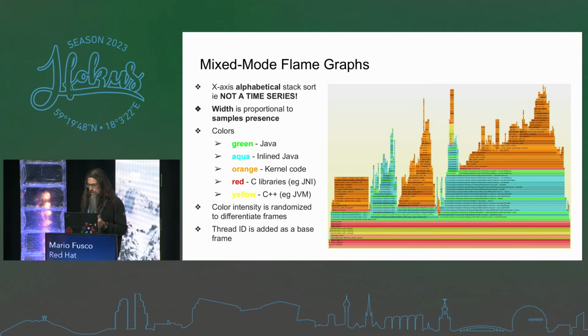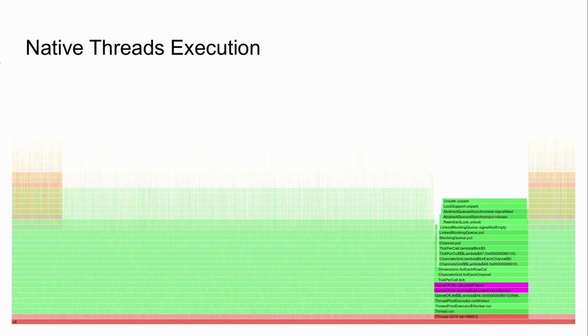And this is the result for native thread. In purple there, I put in evidence the method called by the JMH benchmark. So there is the method that is reading the matrix for a given frame in a given run, okay?